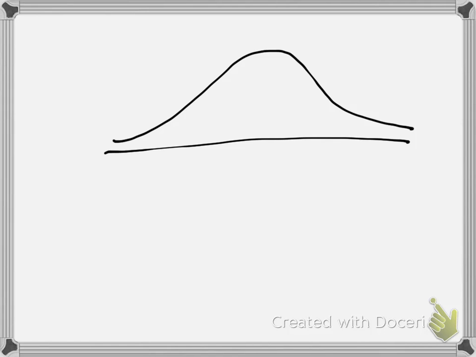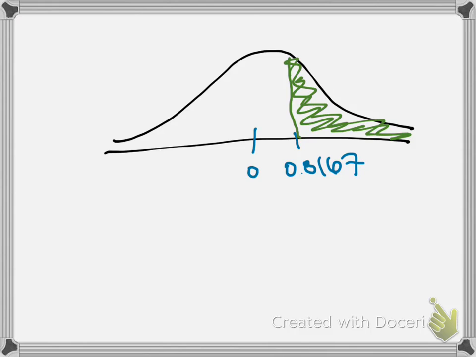So that means we can go ahead and sketch out our normal curve. Our z-score that we just calculated was 0.8167. So if here's 0, 0.8167 will be about in this range. And again, we are trying to calculate the probability that we would be at or above this z-score. So we're trying to calculate the area to the right of that z-score that we just found, which I just shaded in green.